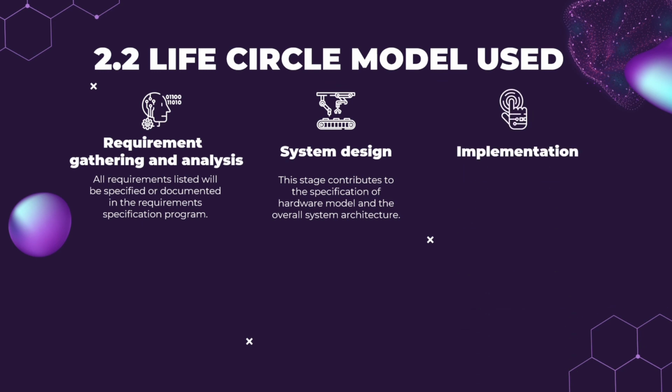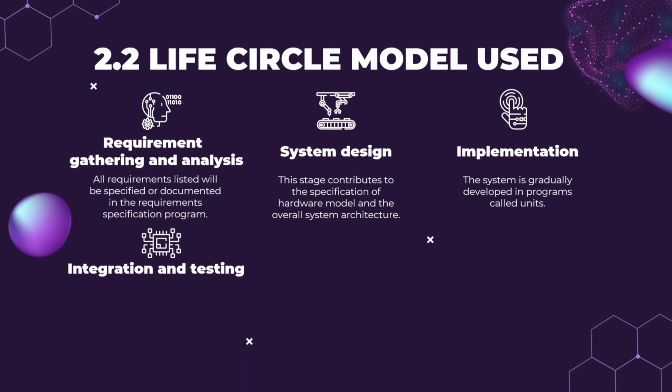Implementation. Based on the system design, the system is gradually developed in programs called units. Integration and testing. All the units developed would be integrated into a whole system, after testing the function of each unit, called unit testing.